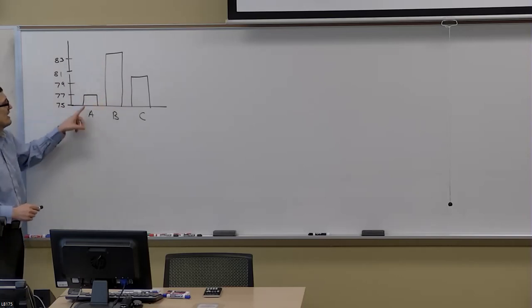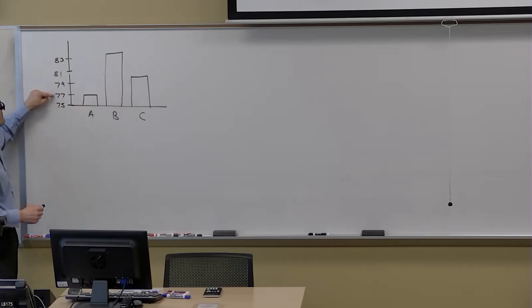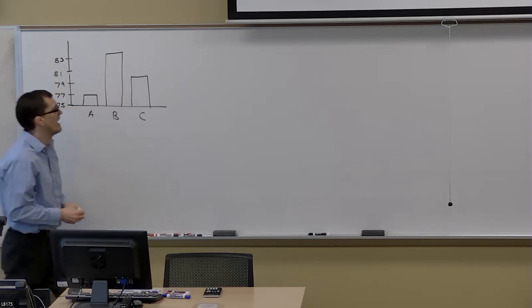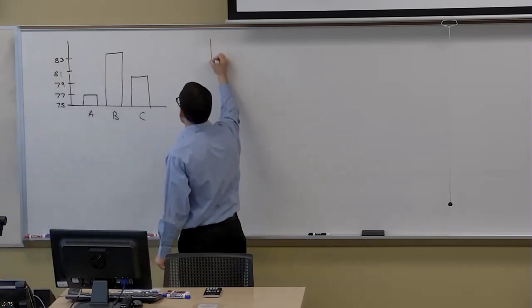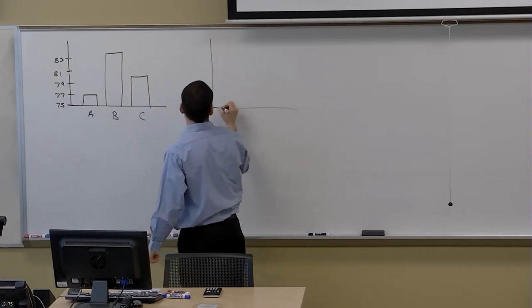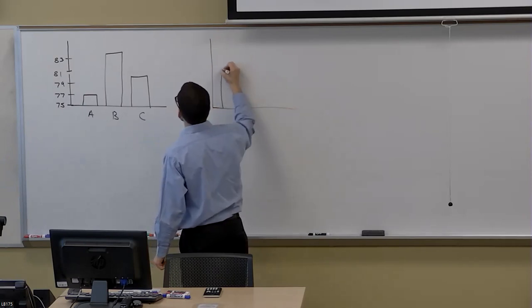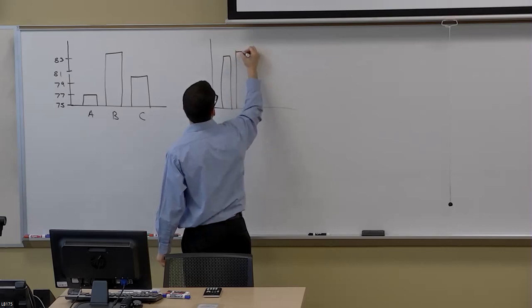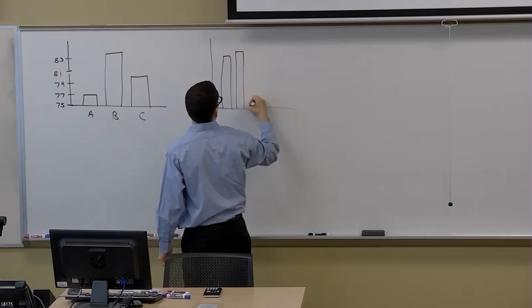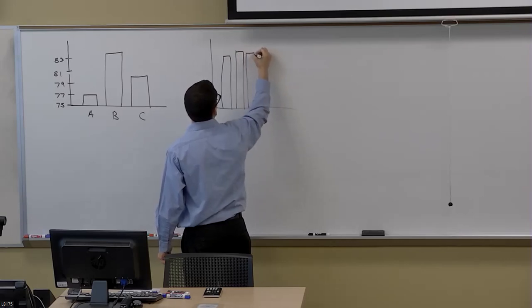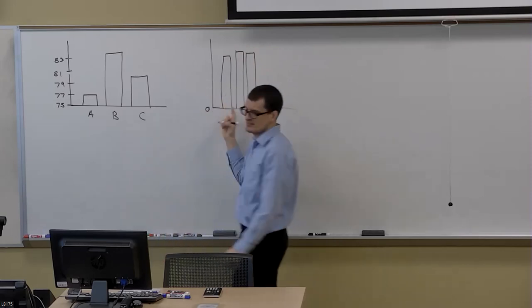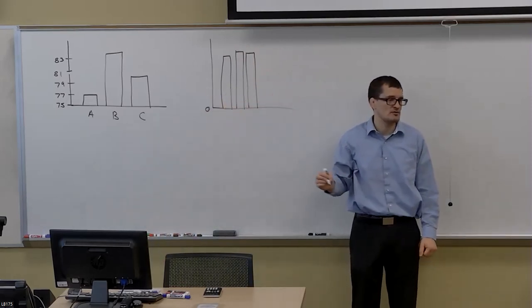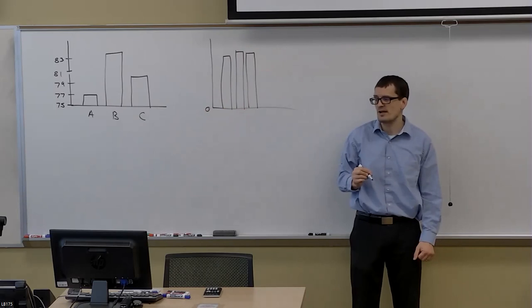B looks like it's 5 times as big as A, when in reality, it's 77 to 83. It's only just a little bit bigger. And if you redrew that bar graph with 0 at the bottom, it would probably look more like this, which gives you a very different type of impression, right?